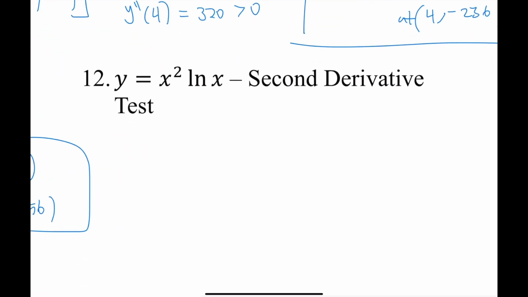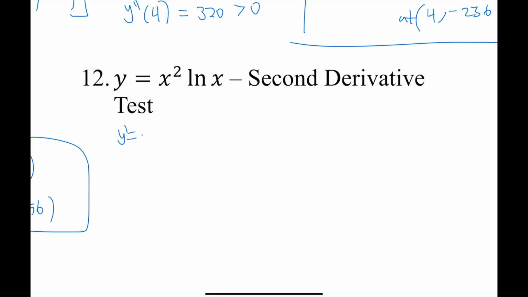Alright, and then moving on to y equals x squared ln x, and then using the second derivative test, so y prime is equal to 2x ln x, and then plus 1 over x times x squared, 2x ln x plus x equals 0.